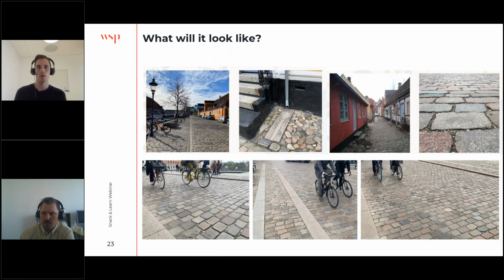And this is what it's going to look like, where you can see how the water is going to be discharged out from the pipes and go out to the water. And this is what the new cobblestones are going to look like.